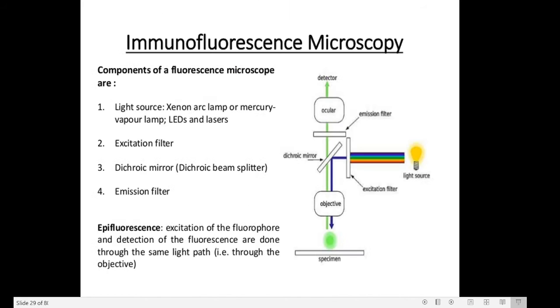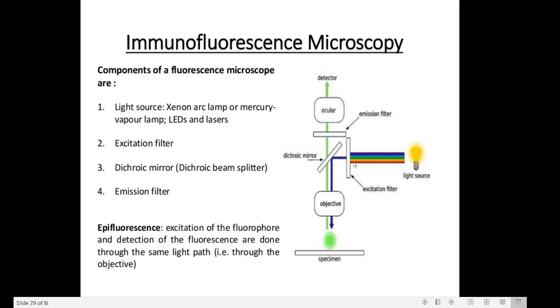This is a basic image, because here the specimen is placed over the stage. In this image, the objective observes and produces the signal.